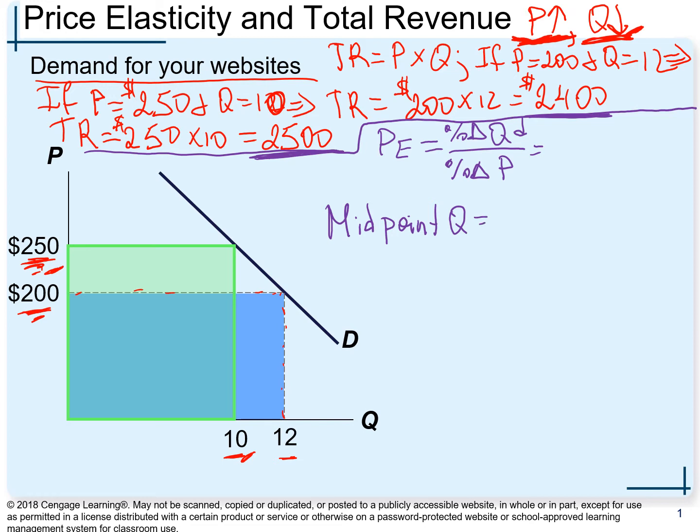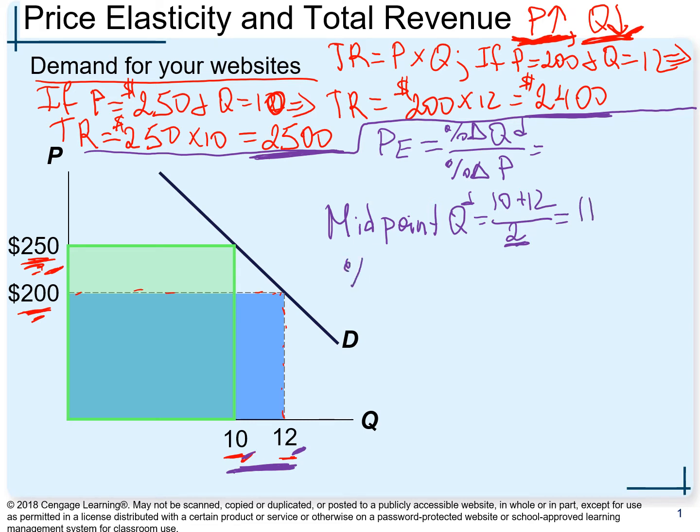Again, guys, probably just looking at these numbers, it's very easy. You can just look at the graph and say, well, midpoint is 11. Yes, you're right. I usually like to write it down for my students. Remember, we add the numbers together to find a midpoint for quantity demanded, divided by 2. Again, why do we divide by 2? Because we're trying to find the midpoint between two numbers. So it's going to be 22 divided by 2, or midpoint is 11.